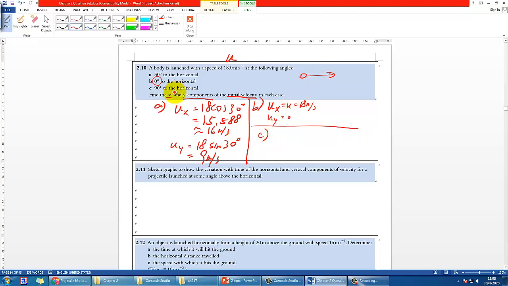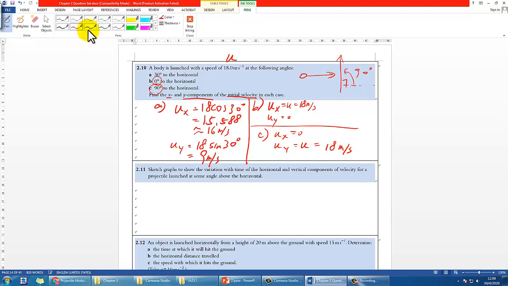For C, it's like the other way around, 90 degrees to the horizontal, so simply ux will be 0, while uy will simply be u, equal to 18 meters per second.